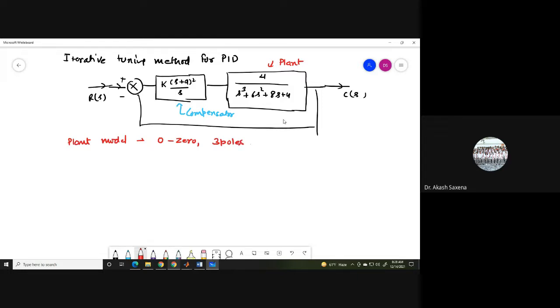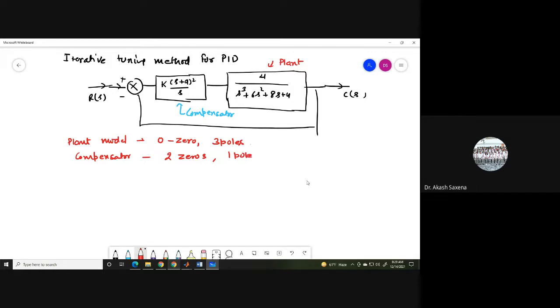So to make this plant stable, we are adding a compensator in such a way that the compensator has two zeros and one pole.